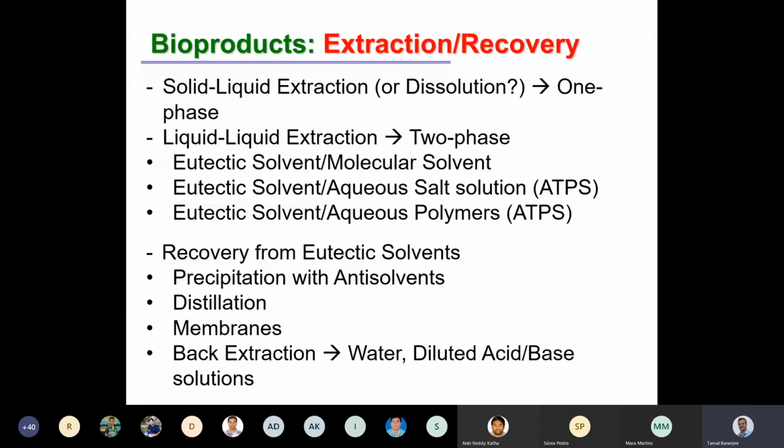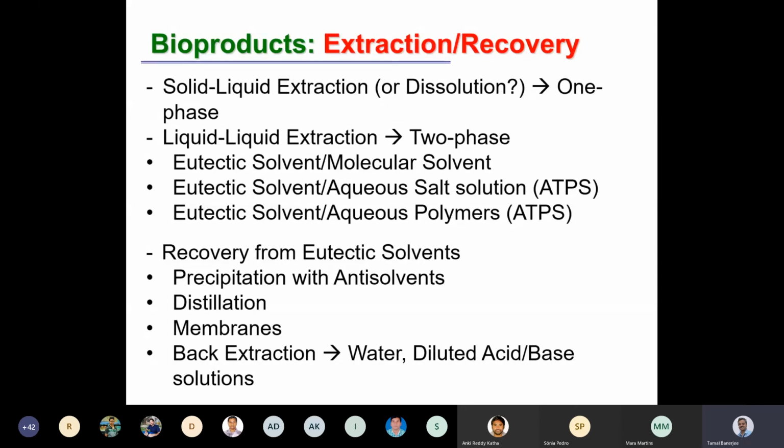When we work with bioproducts, we have some ways to extract and then recover the product. We can extract directly using solid-liquid extraction with the raw material and the solvent. In the case of eutectic solvents, sometimes we just make a dissolution, not an extraction.